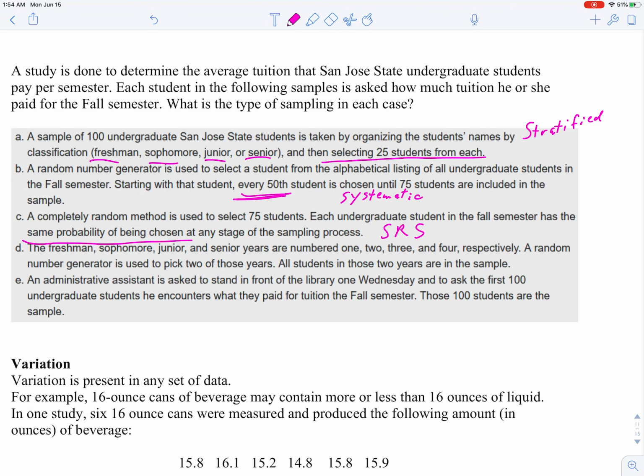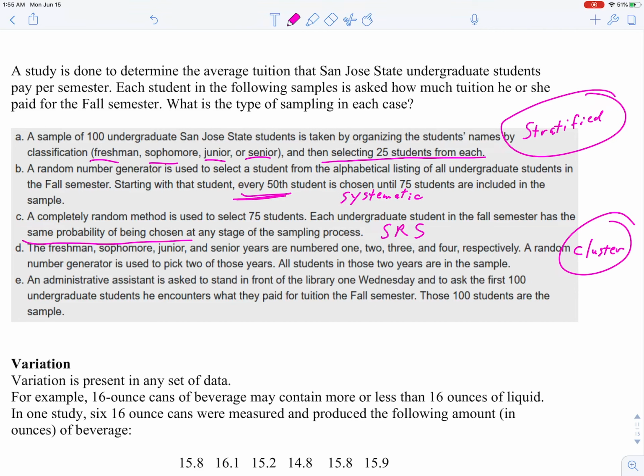So again, we set the groups, randomly chose some number of groups, and then surveyed everyone in those groups. That is what's known as a cluster sample. And remember, make sure you know the difference between stratified and cluster.